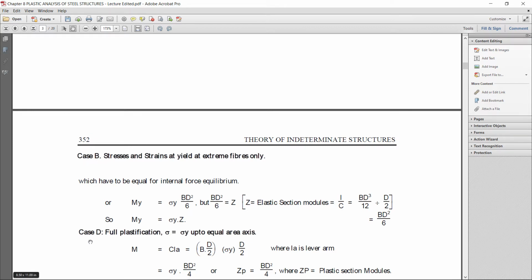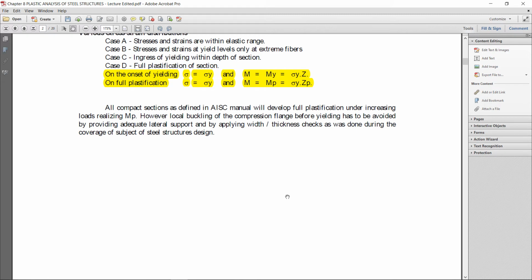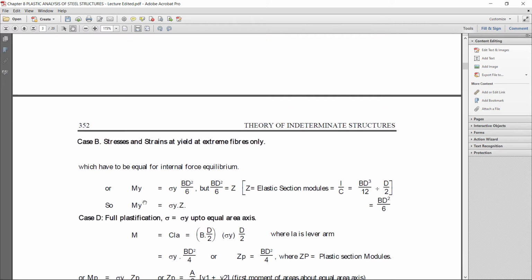Now let's see case D, when sigma reaches sigma y and Z reaches Zp, meaning the elastic section modulus is now converted to the plastic section modulus. Here we can write the moment from this simple formula or from the basic formula.